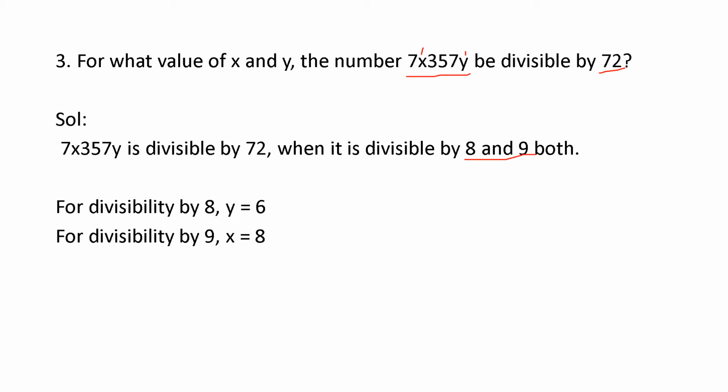For divisibility by 8, we know the rule: the unit, tens and hundreds digits are considered, and we check whether it is divisible by 8 or not. If the value of y is 6, it is divisible. And for 9, the sum of the digits should be divisible by 9. That way you will get 8. So the y value is 6 and x value is 8.